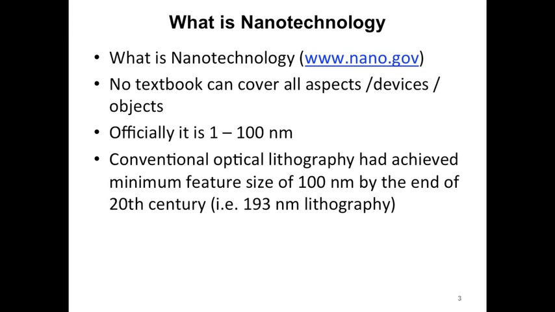It can be your silicon wafer, a glass surface, or any flat surface. By the end of the 20th century, people had achieved up to 100 nanometer feature size with this technology.